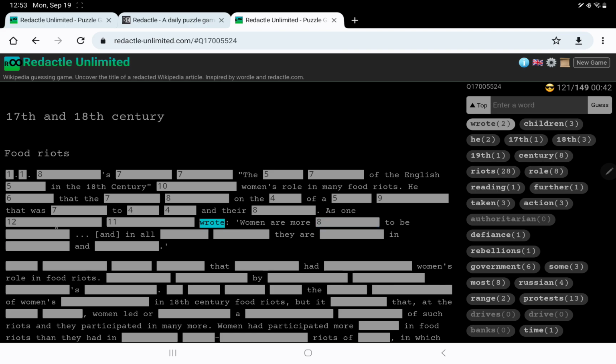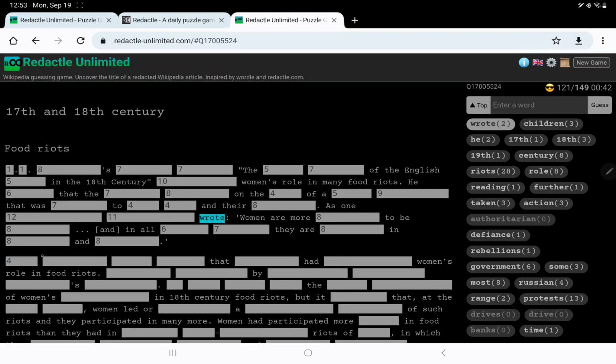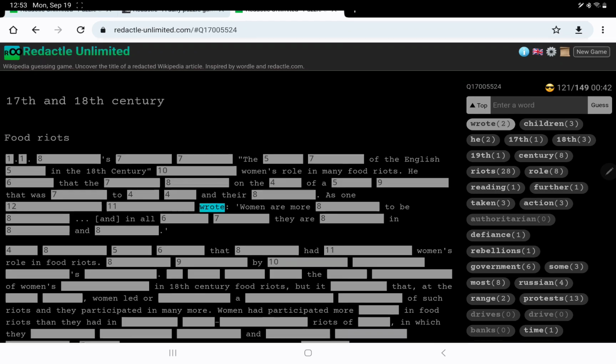Women are more 8, not more likely, and in all something, they are 8 in 8 and 8. 4, 8, 5, 6. That 8 had 11. Women's role in food riots.